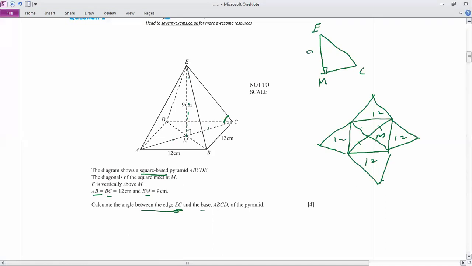We know this height is 9, but we don't have this side. I need this angle. So one of the sides I need, obviously. Without that, I cannot find anything.